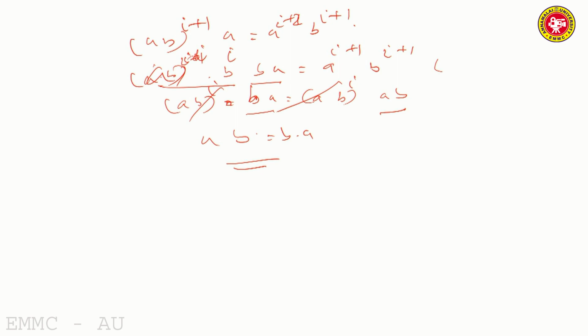Some problems are given. We left out these things and are moving to the next part. As I told already, using subgroups, we have a lemma. A subgroup is this: if G is a group with respect to the binary operation product, and H is a subset of G, then H itself is called a subgroup of G if H itself forms a group under the same binary operation.